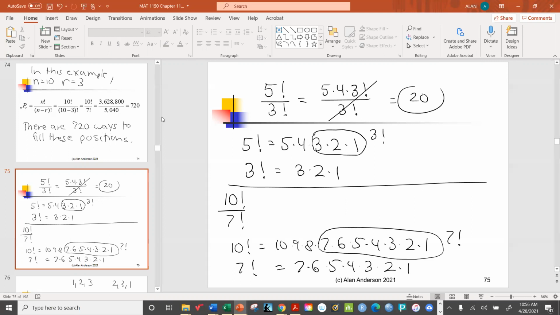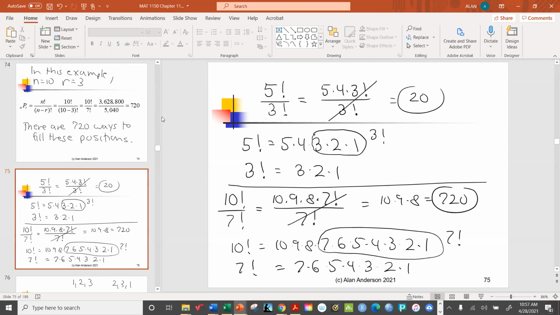So look what I can do now. 10 times 9 times 8 times 7 factorial, all divided by 7 factorial. And that, of course, is 720.